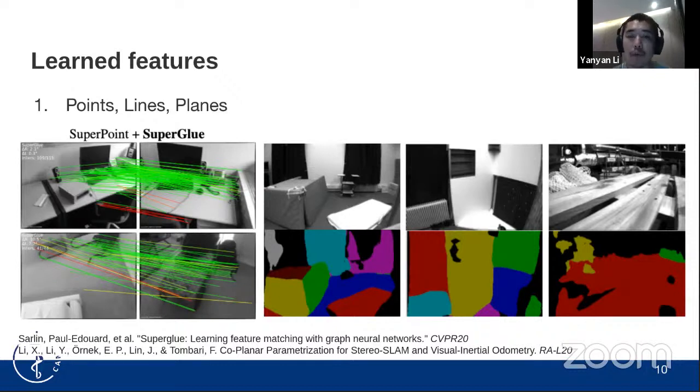It means the network can help you to find some planar regions. We all know that it's very difficult to extract planar regions from a single RGB image, right? But the network can do that. So how to use it and extend our SLAM system is very important, right?